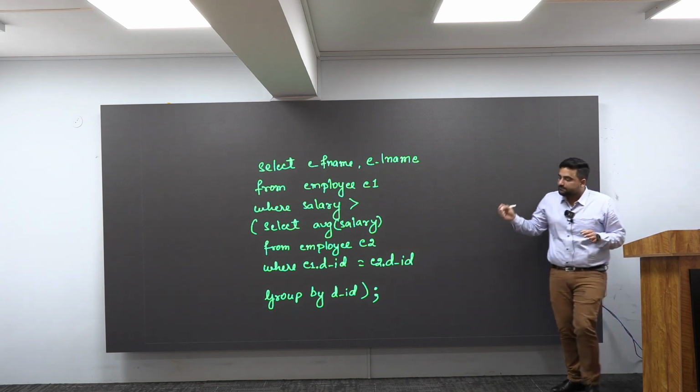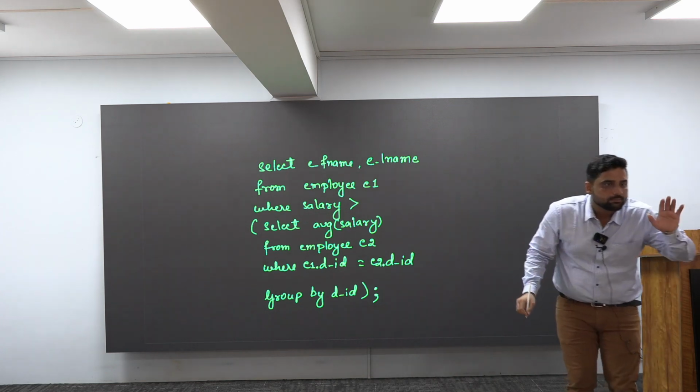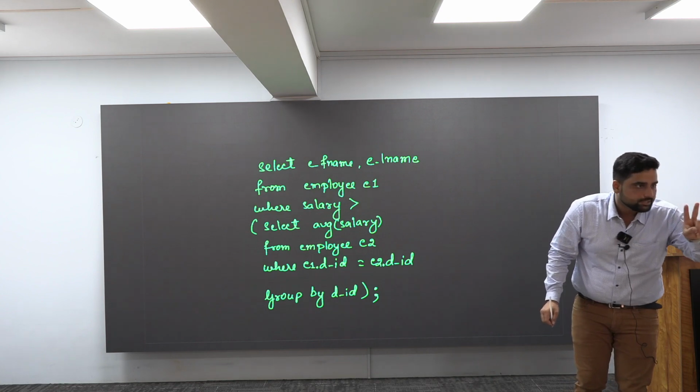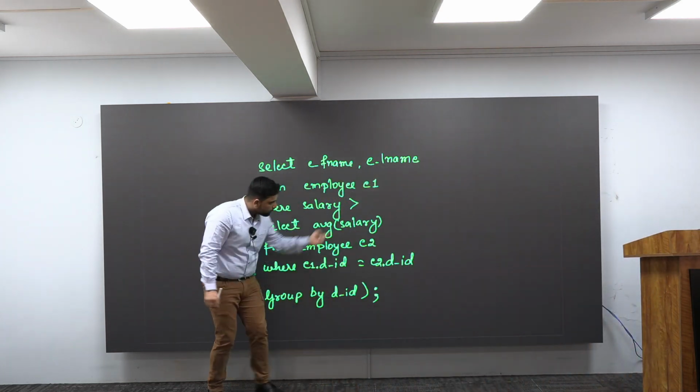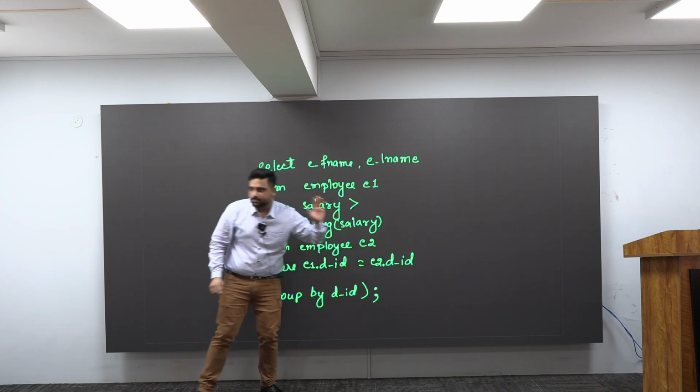Now here we are not comparing with the same column. We have created two copies of the same table, and one copy we are using over here, one copy we are using here. Understood?